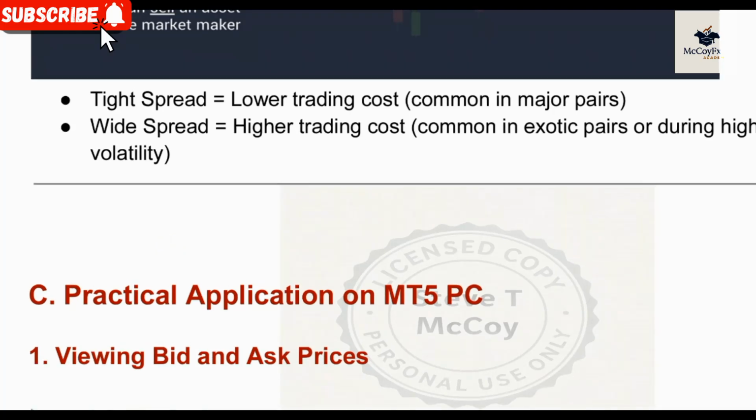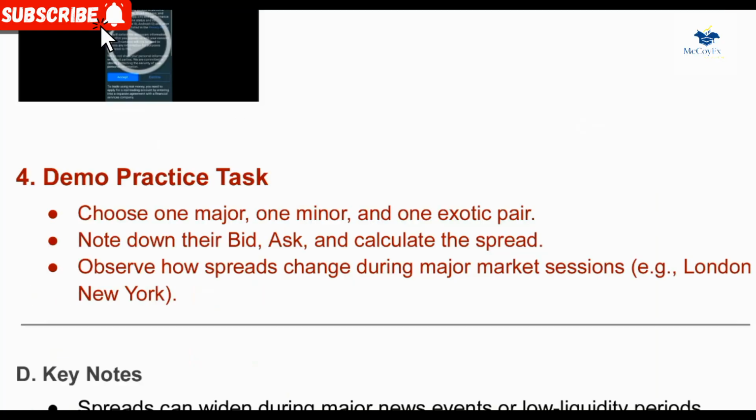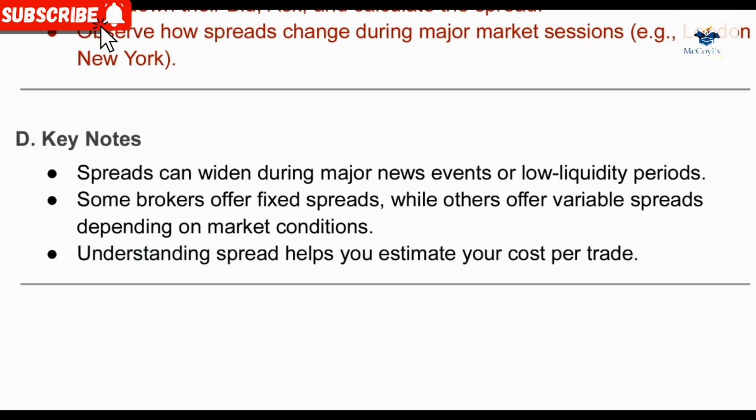Some things to note. Tight spread equals lower trading cost, common in major pairs. Wide spread equals higher trading cost, common in exotic pairs or during high volatility. D. Keynotes. One, spreads can be widened during major news events or low liquidity periods.